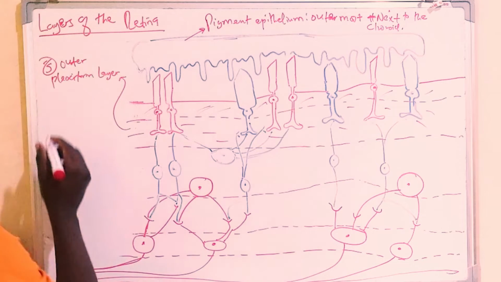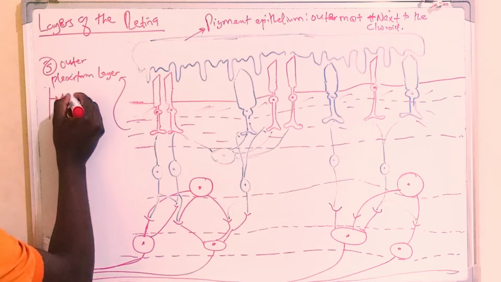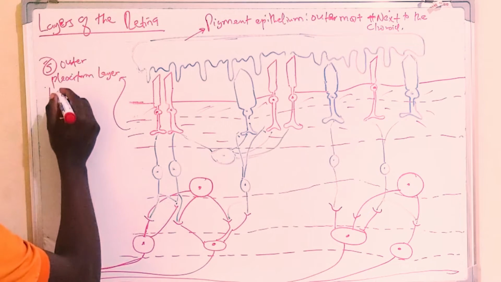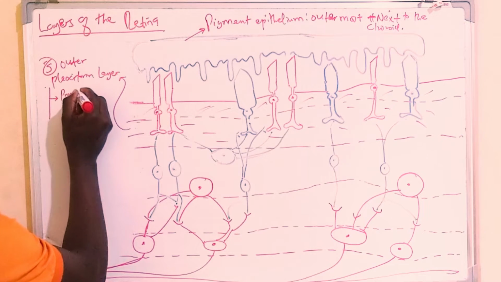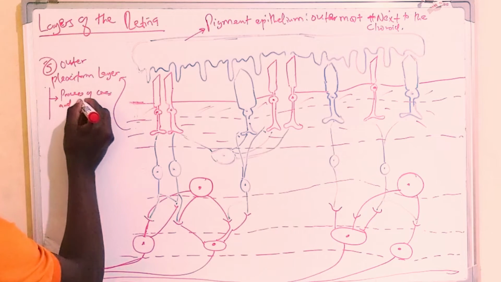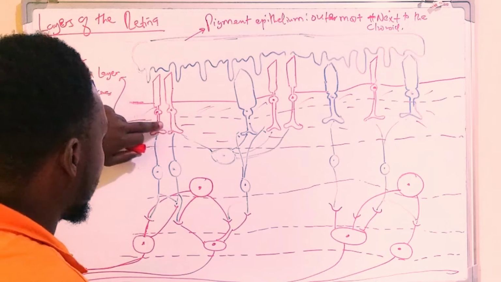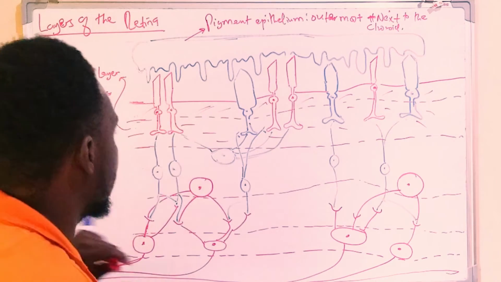This is made up of axons, I would say processes of cones and rods. The synaptic terminals are present here as well. You can see the synaptic terminals of cones and rods.